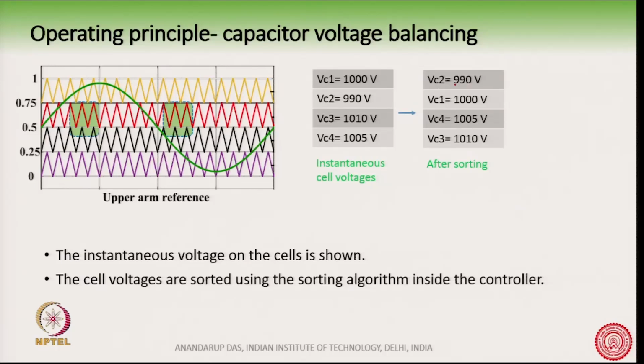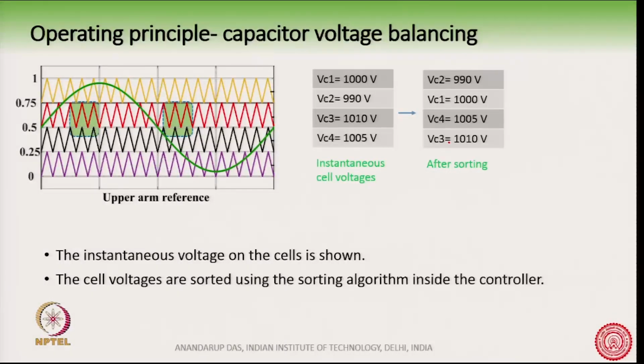So, if you sort these voltages, then 990 volt here, 1000 volt, 1005 and 1010 volt. These are the capacitor voltages, and this sorting is done inside the controller, inside the DSP for example.